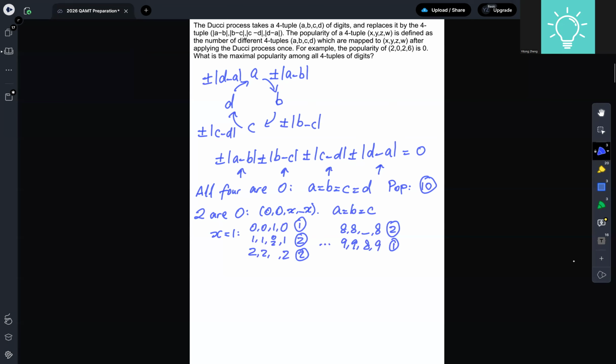So what is the popularity of this particular case where we take x equals 1? So what is the popularity of 0, 0, 1, and 1? Well, 1 up to 8, we've got 16, 17, 18. So the popularity is 18 if I add all of these possibilities together. Can you see what's been happening? I start with 0, 0, 1, 0, and this 1, 1, 0, 1 is my base.